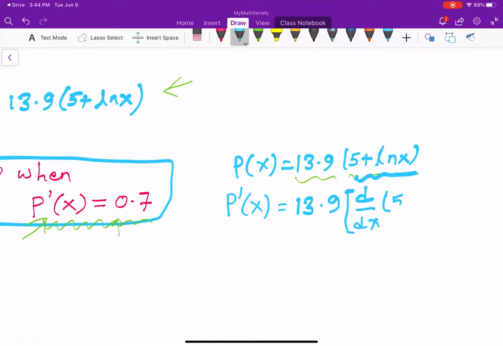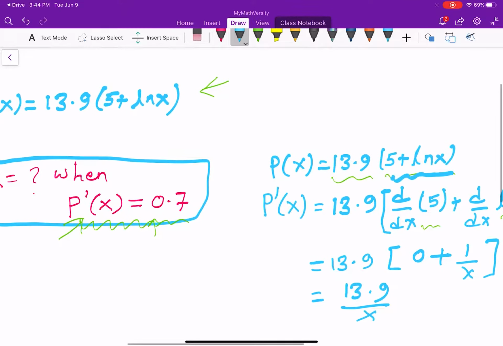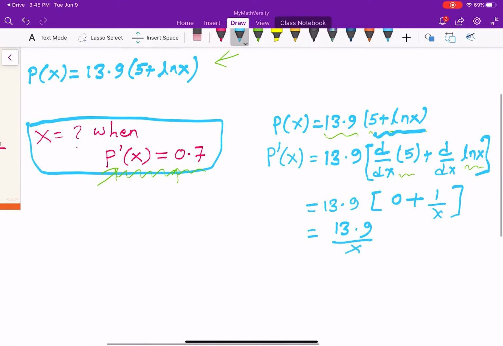Differentiating 5 and ln of x with respect to x, we get 13.9 times (0 plus 1 over x), since 5 is a constant so its derivative is 0, and the derivative of ln x is 1 over x. So 13.9 over x is P prime of x. That means the rate of change of the blood pressure with respect to x is 13.9 over x.